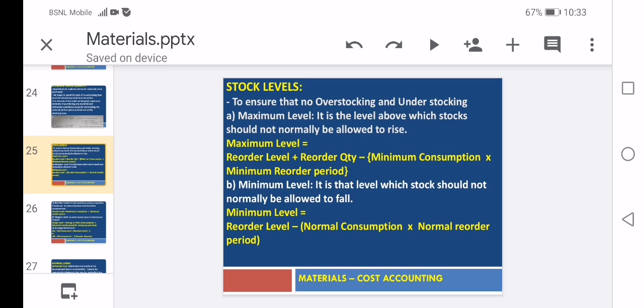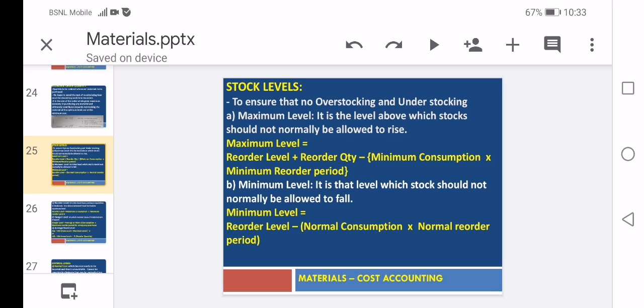Let us go through the stock levels that are to be maintained in every production unit. Maximum level. It is a level above which stock should not normally be allowed to rise. Means once a figure is arrived at based on the formula, that figure is the maximum level of stock to be maintained.